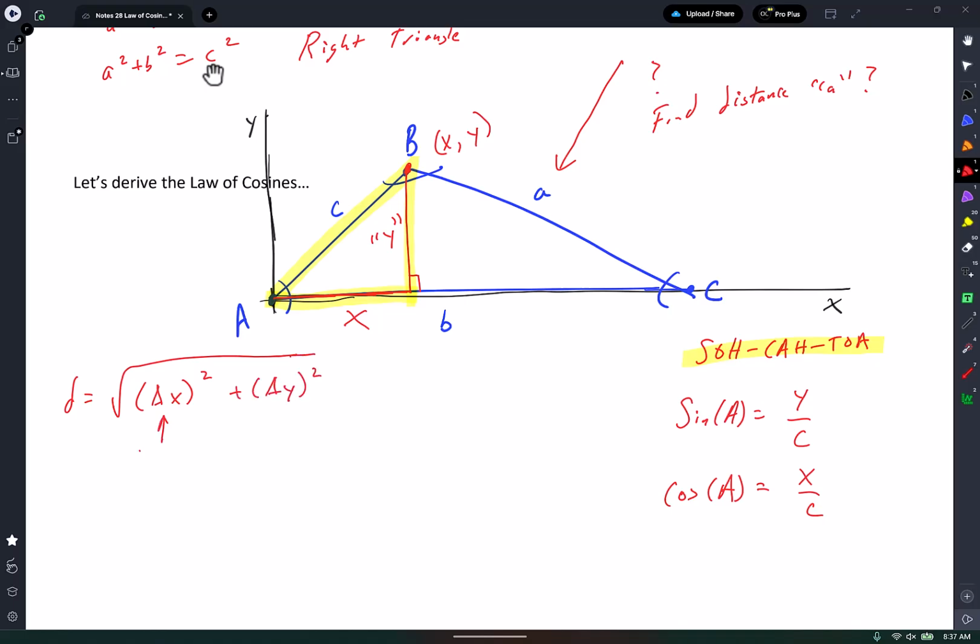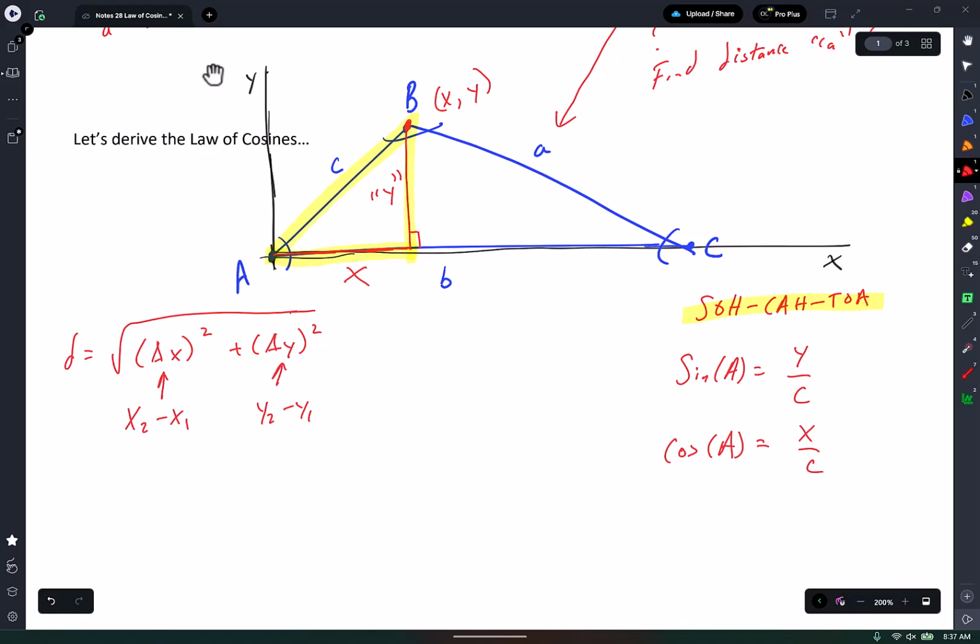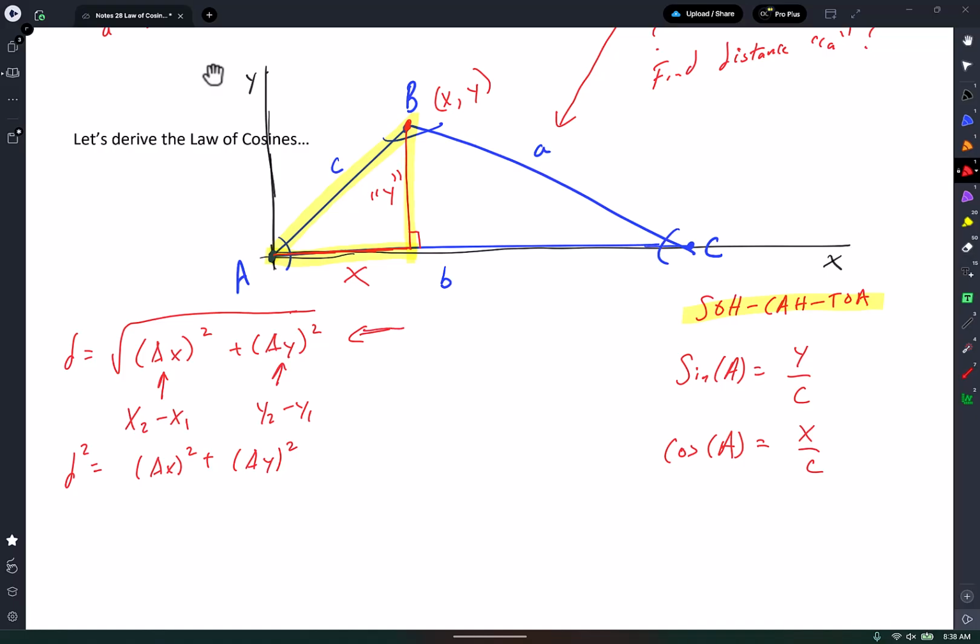That change in x is the same thing as saying x2 minus x1, and that delta y, or change in y, is the same thing as saying y2 minus y1. Does that sound familiar to you guys? Maybe you also saw it like this: d squared equals change in x squared plus change in y squared. That's the same thing, guys. They're just definitions.